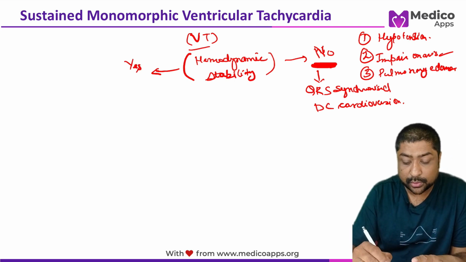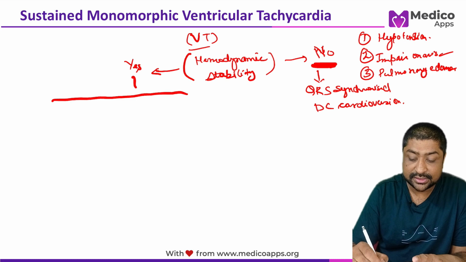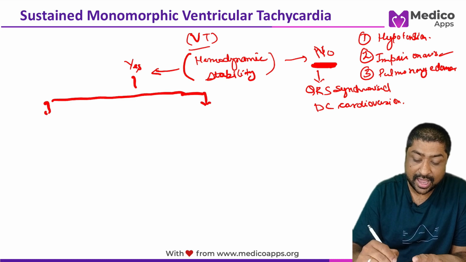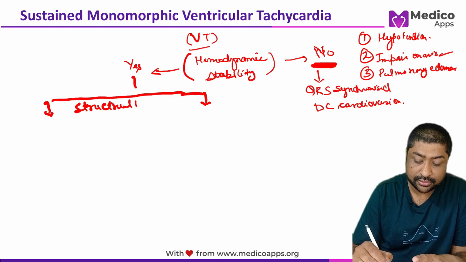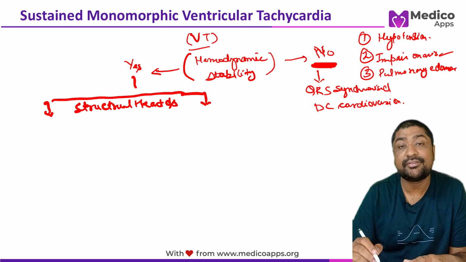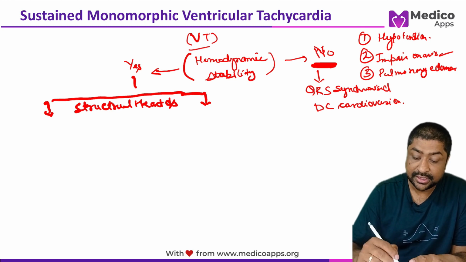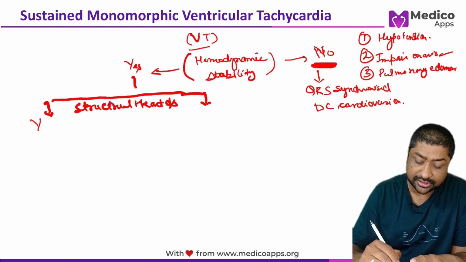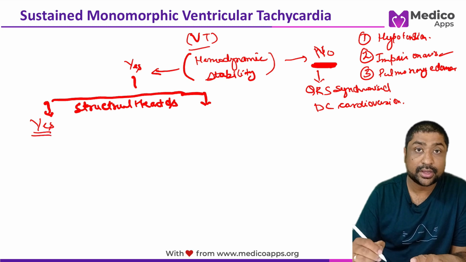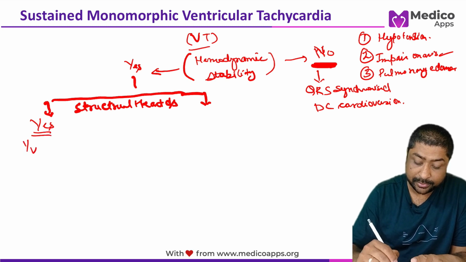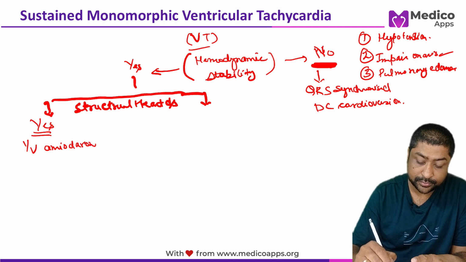Then the next question you are going to ask yourself is, does the patient have any structural heart disease? If the patient is having any structural heart disease, then your drug of choice will be IV amiodarone.